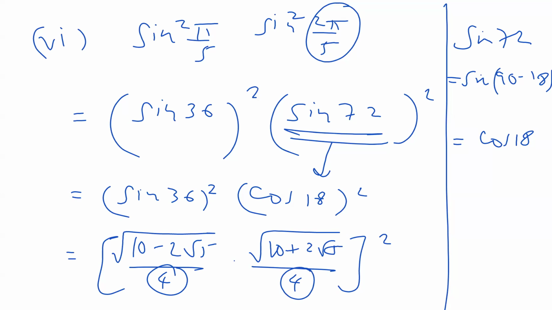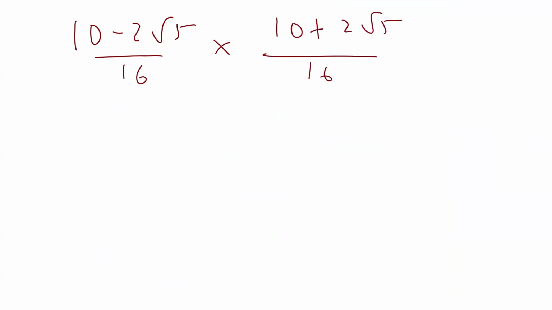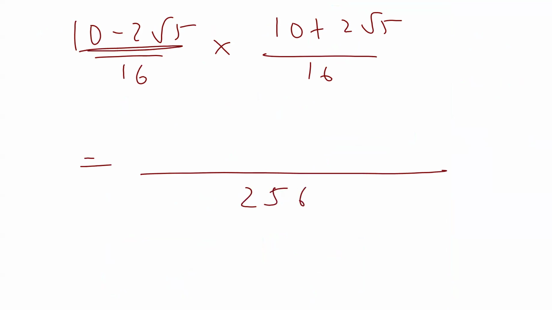So 10 minus 2 root 5 upon 16 into 10 plus 2 root 5 upon 16, because we have squared. So this is 256, and this will be a minus b into a plus b, so it is a square minus b square.